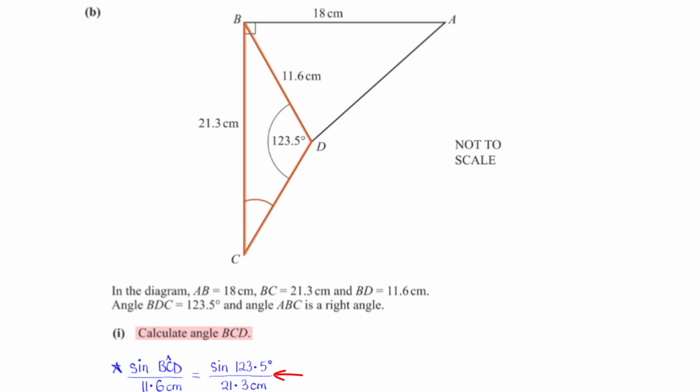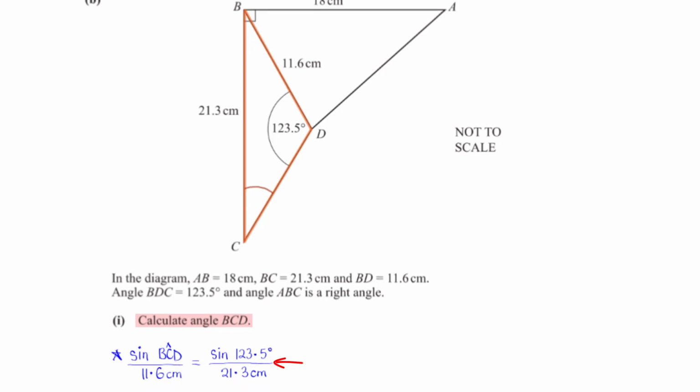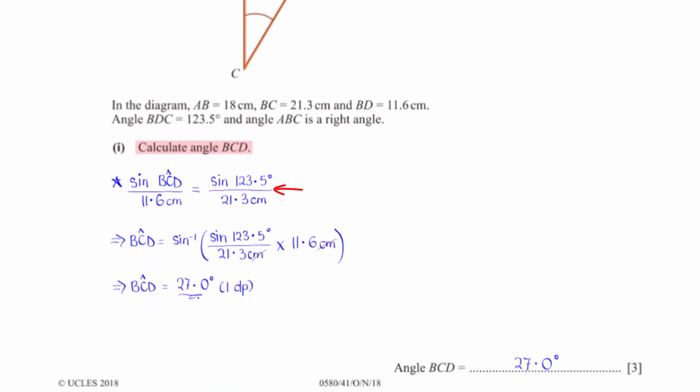This gives us sine BCD divided by 11.6 centimeters equals sine 123.5 degrees divided by 21.3 centimeters. When we make angle BCD the subject, this is what we have. When we type this into the calculator, we get 27.0 degrees rounded to 1 decimal place.